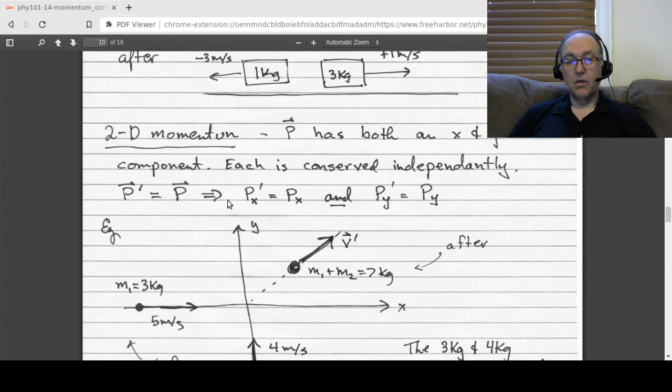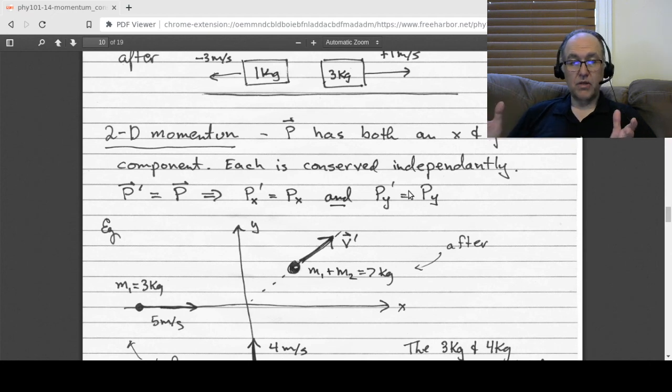Now, how will we do that? My little symbol here means implies. The fact that the total momentum before and after as vectors is conserved implies that the x component will be conserved, and the y component independently will be conserved. So the way we will solve these problems is we will break up all the velocities into x and y components.